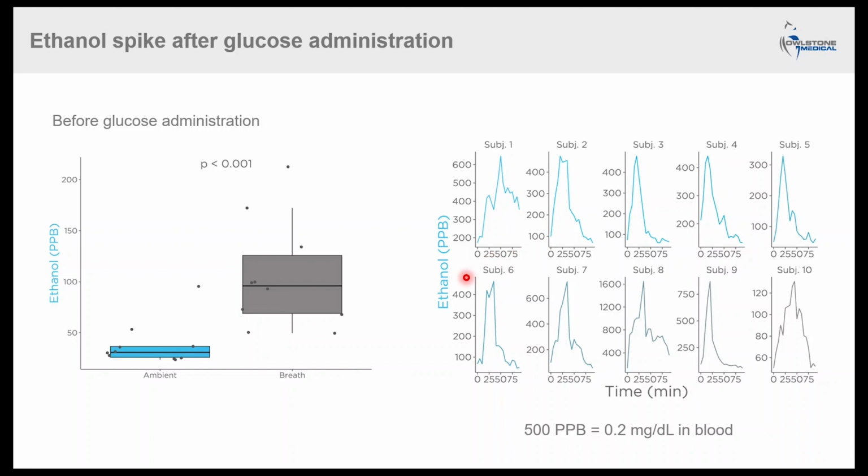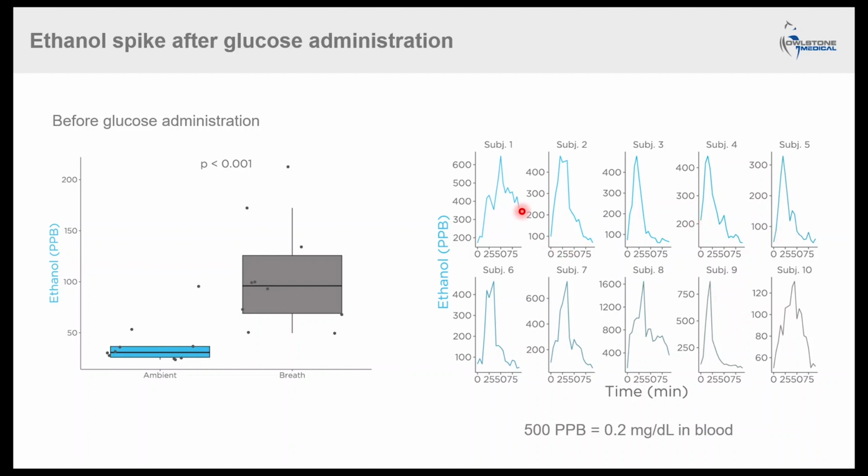But then when we administer glucose, and this is time on the x-axis and the amount of ethanol in ppb on the y-axis, and every panel represents one subject, we can see that glucose induces a spike of ethanol in breath after administration, and that the scale varies between the subjects, indicating that this is a very personalized response.